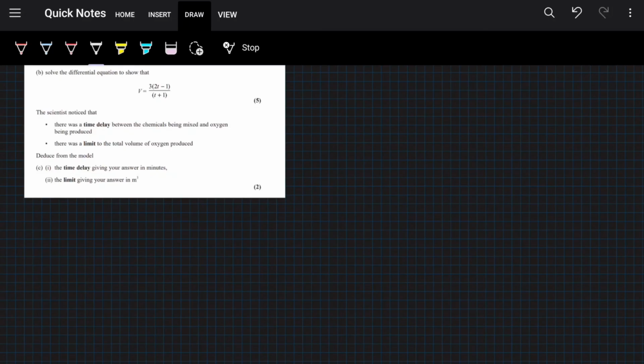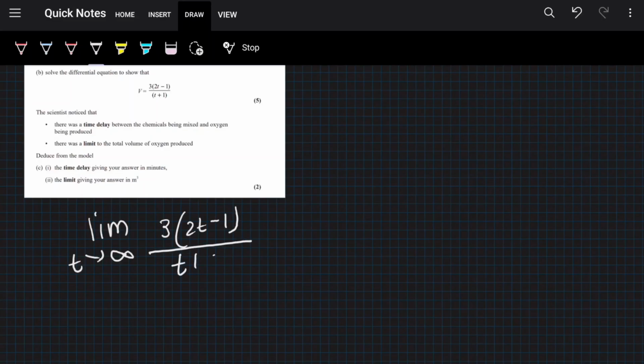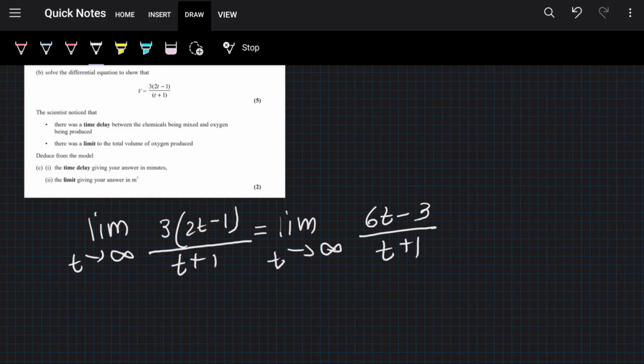So we find the limit as t goes to infinity of 3 times 2t minus 1 over t plus 1, which is the same as the limit as t goes to infinity, we expand the brackets, we get 6t minus 3 over t plus 1. So we divide everything by t, or you can also apply L'Hopital's rule.